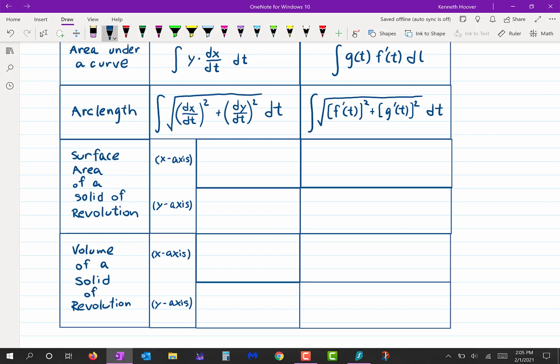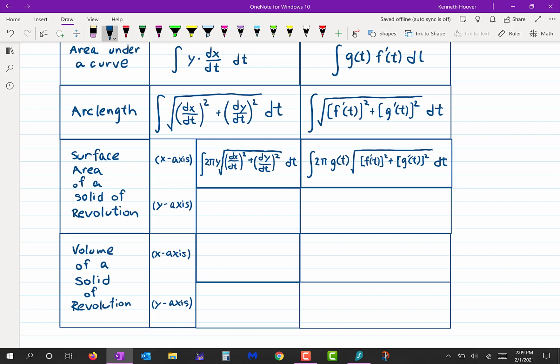For the surface area of a solid of revolution, if it's rotated about the x-axis, in Leibniz notation we have the integral of 2 pi y times the square root of (dx/dt) squared plus (dy/dt) squared. In prime notation, you integrate 2 pi g times the square root of f prime squared plus g prime squared.